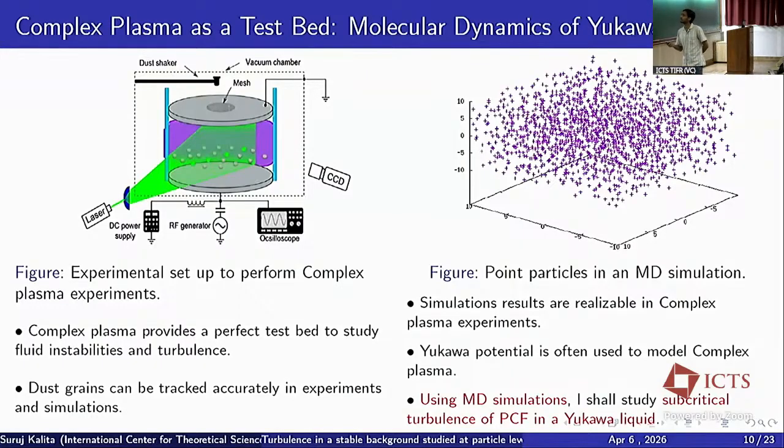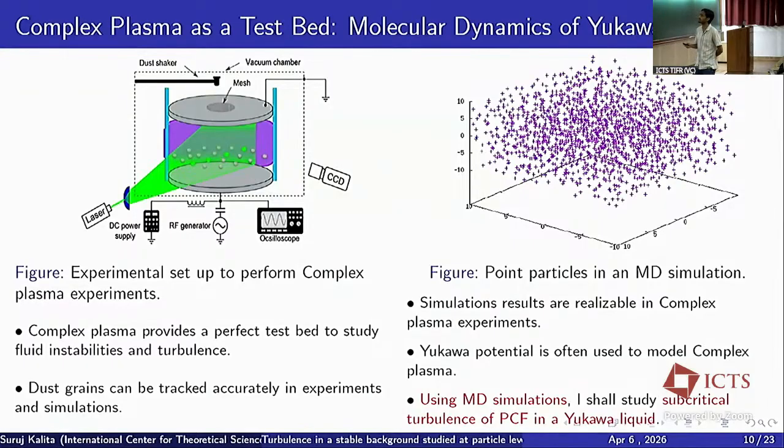In one of my projects I put particles in a turbulent medium, but it is different from that. We put these particles in a uniform background, and these particles are electrostatically negatively charged, and this is just an electrostatic fluid.